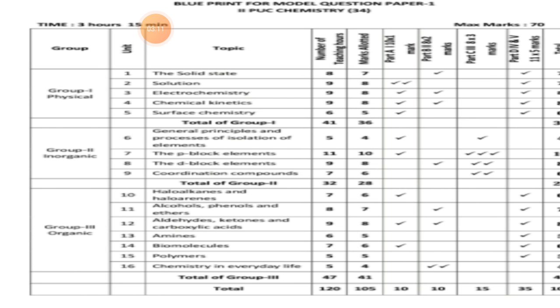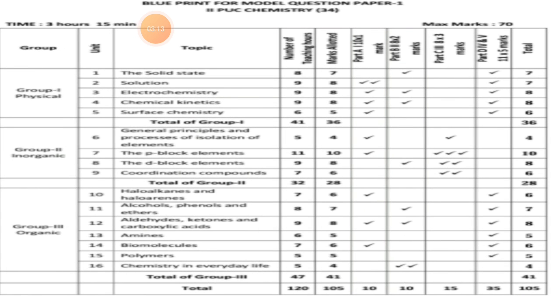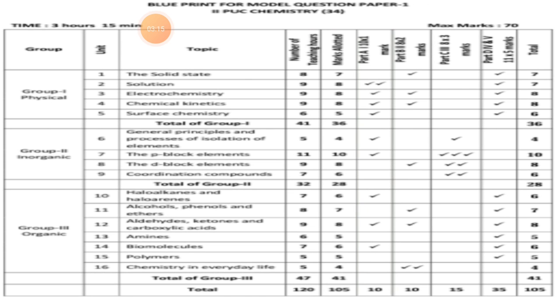They may ask a question for 2 marks in part B and a 5 marks question in question number 4 or part D.